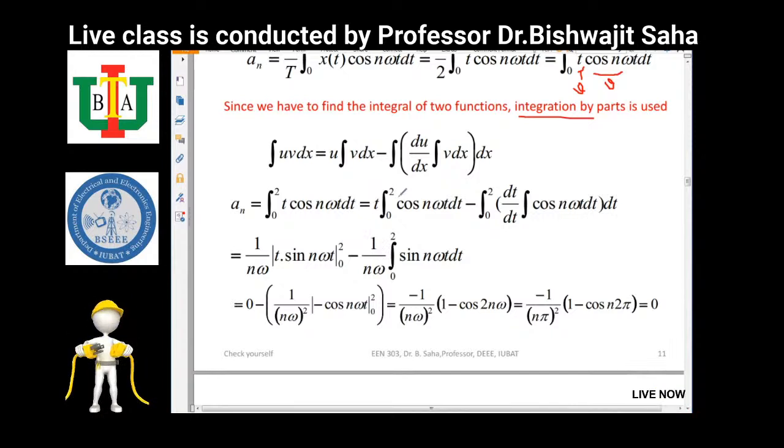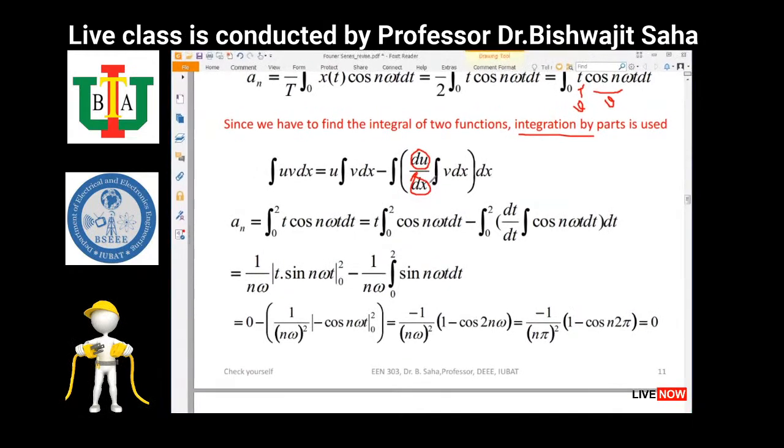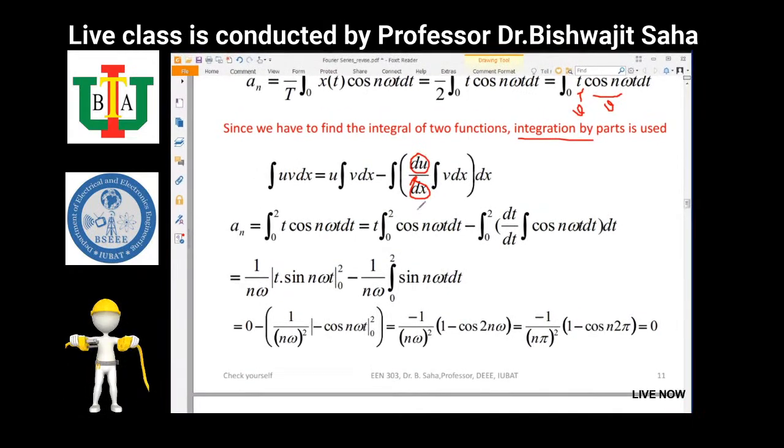And another thing is that if you see the formula here, du by dx, right? If you consider some variable in such a way that this differentiation will cancel, then it's easy to integrate.